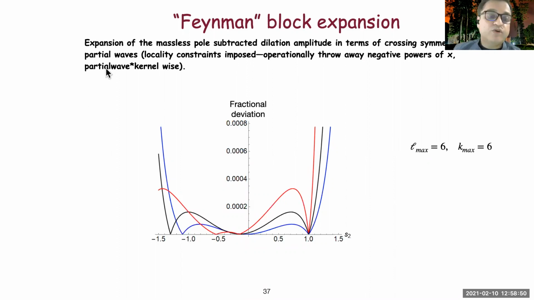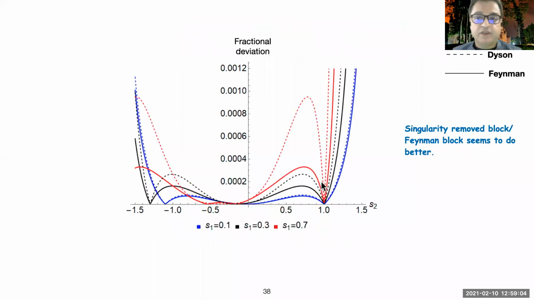So operationally, I'm taking each partial wave times kernel, and throwing away all these negative powers. And I get a similar good agreement. Again, it's for the same number of spins and same Kmax, and you can compare. It does appear that the Feynman block expansion, which has these negative powers removed, behaves better.